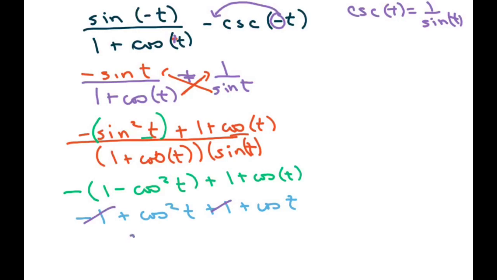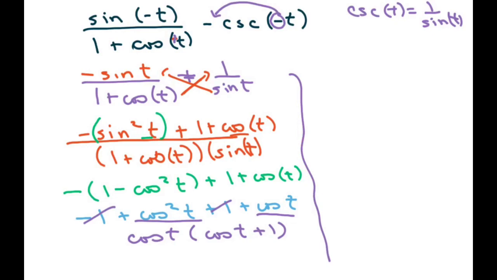I can factor out a cosine, and I'm going to get cosine of t plus 1. I'm just dealing with these two, and I factored out a cosine of t. Now, let's write it on this side. So my numerator is cosine of t times cosine of t plus 1. I hate all these parentheses.